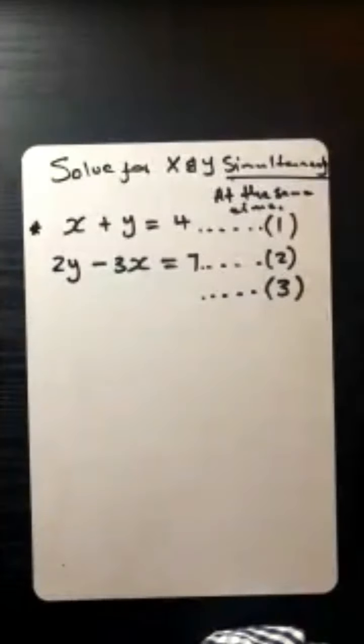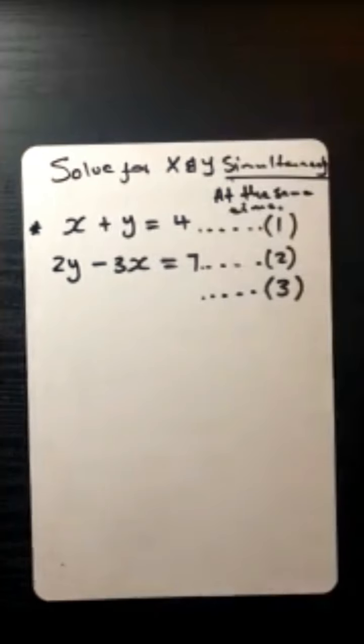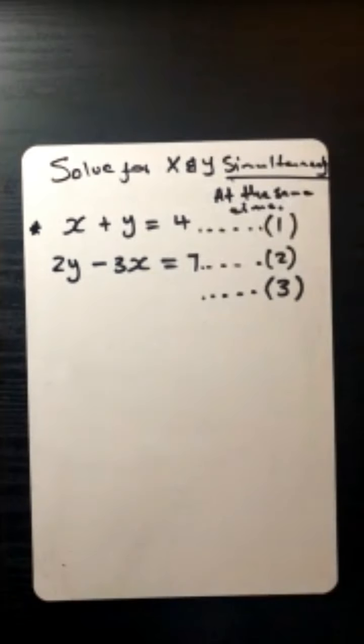Yes, sir. So when you derive equation number three, what guides you in terms of how to derive it? I just want to hear from you. So it's either you solving for x first or you solving for y. So how do you decide to make x or y the subject of the formula?